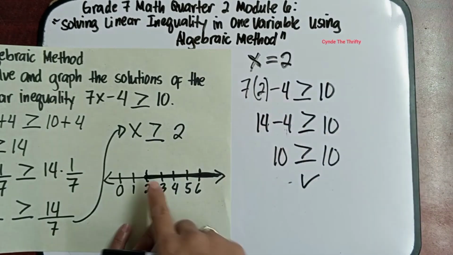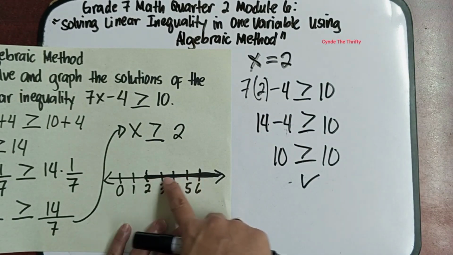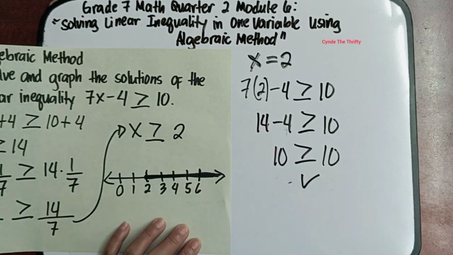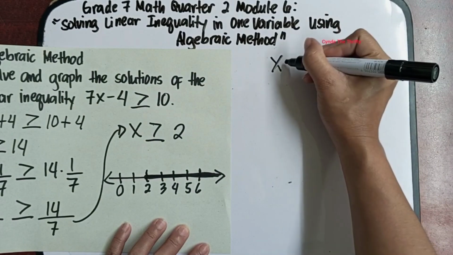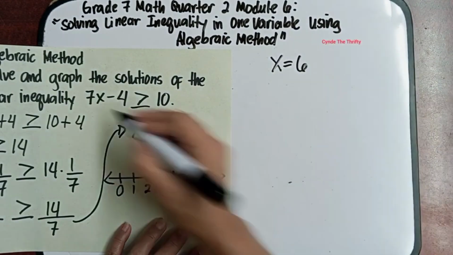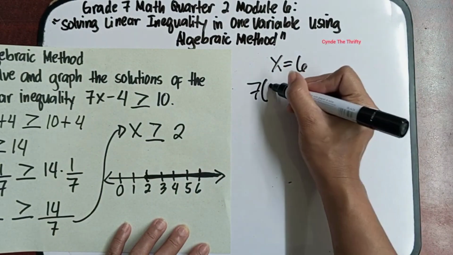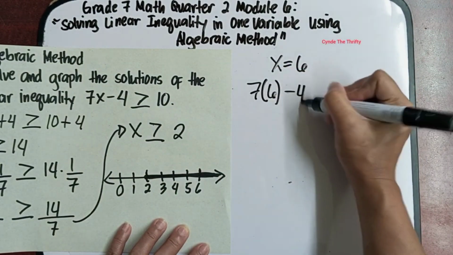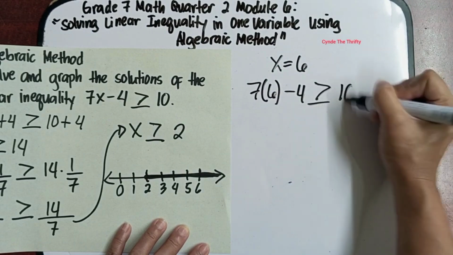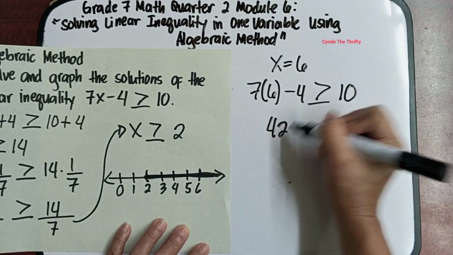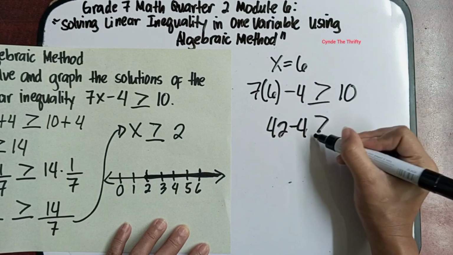So, ngayon kukuha tayo ng isang number sa ating solution dito sa ating graph. Ipagpalagay natin na si 6. Okay, so si 6. I-try natin si 6 kung tama pa rin ba yung sagot natin. Kung ang value ni x is equal to positive 6, so 7 multiplied by the value of x na 6 minus 4 is greater than or equal to 10. 7 times 6 is equal to 42 minus 4 is greater than or equal to 10.